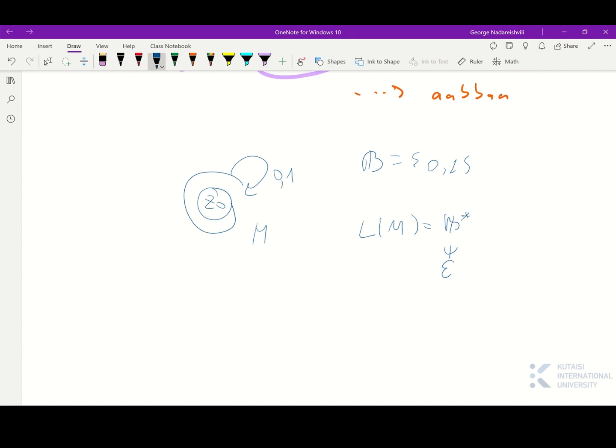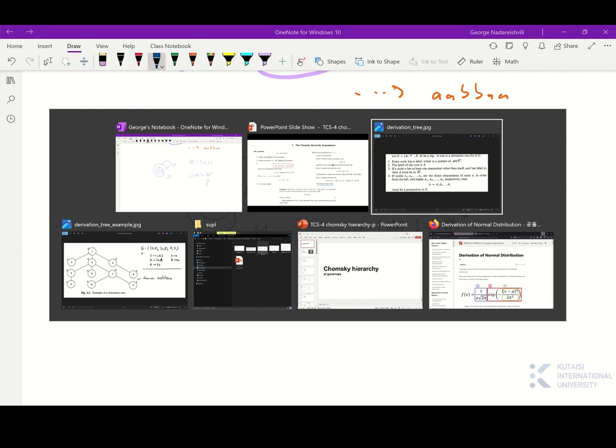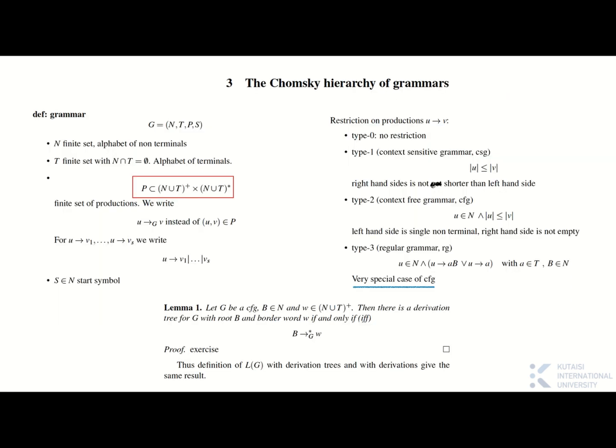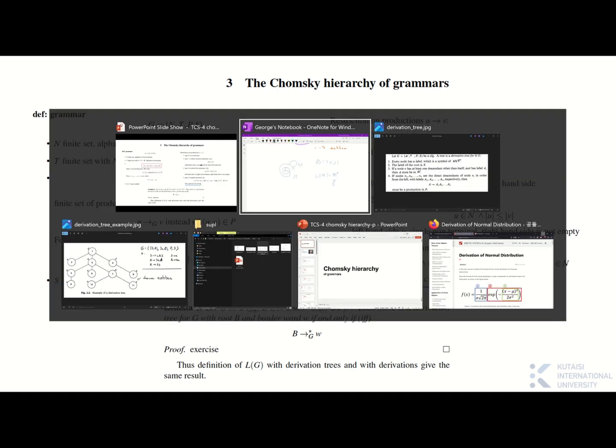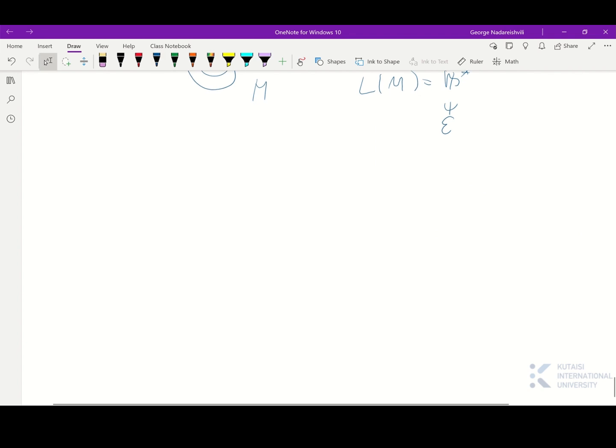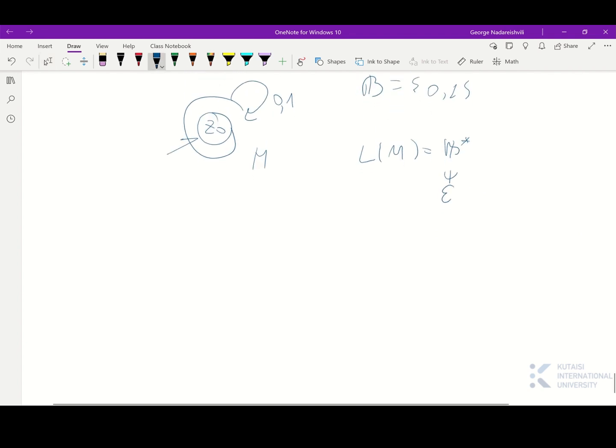So epsilon is here. Now I'm claiming that I gave you a definition here, and I promised that regular grammars are exactly the ones that DFAs accept, but I just gave you a DFA that accepts the empty string, while this regular grammar will never generate an empty string. So it's somehow banned. By the way, this is the start state here, I forgot. Any DFA I construct, if the start state is also the accepting state as here, will accept the empty string.